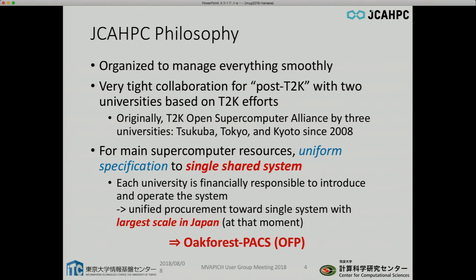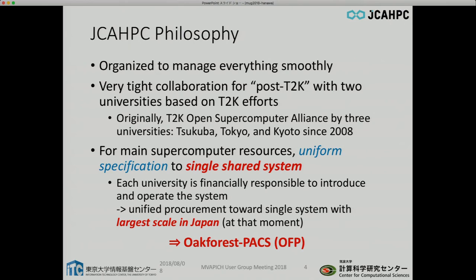Actually, I worked at the University of Tsukuba five years ago and then moved to the University of Tokyo, so I played some role between the two universities.